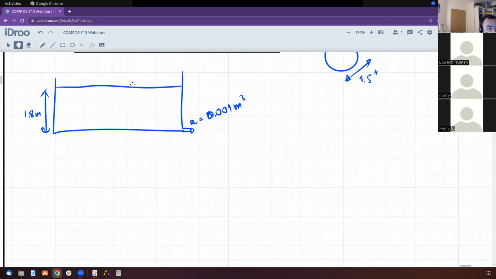So what we have is a jet of water traveling at speed v. And we know by Torricelli's law, v is equal to square root of 2gh.